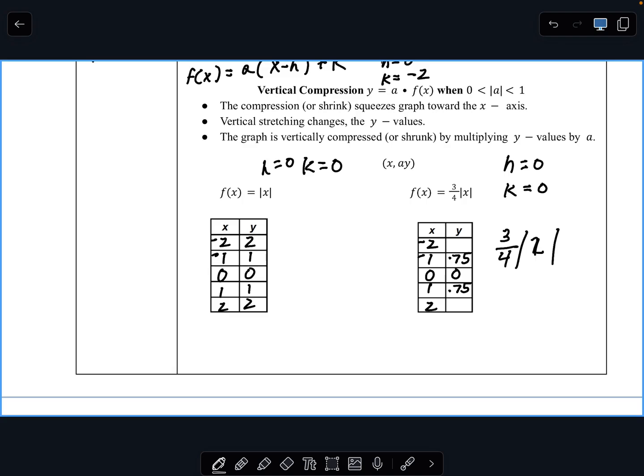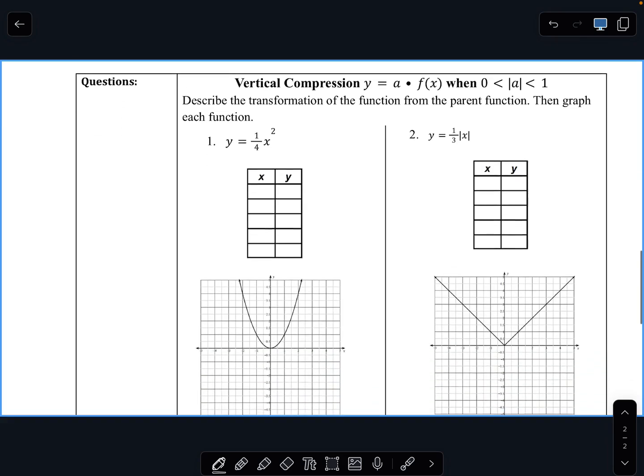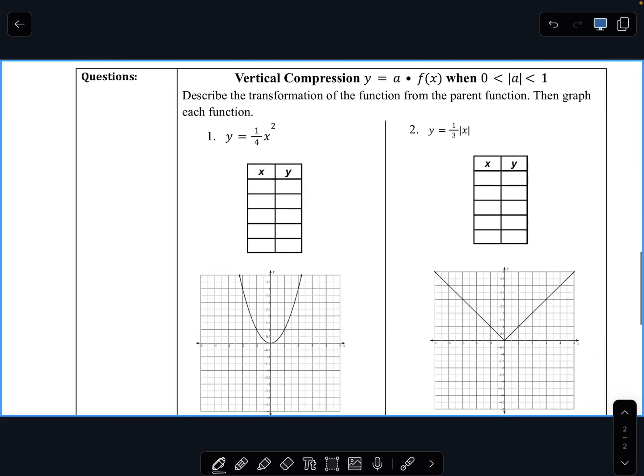Well, it's going to be 6 over 4 or 3 over 2, which is equal to 1.5. Okay. All right. So let's see what this looks like. So again, it's going to be a compression. I can tell right here. So my h is 0, my k is 0.